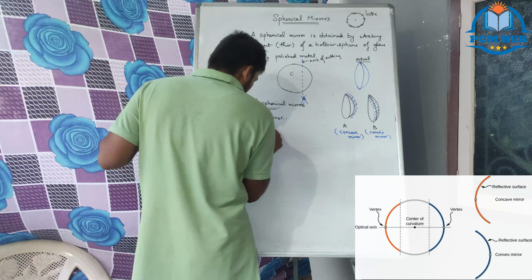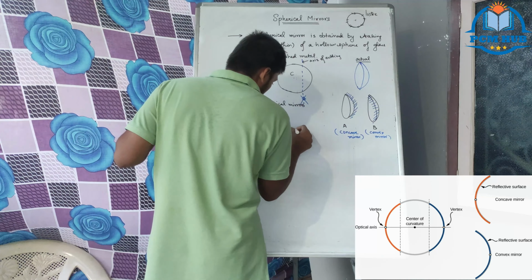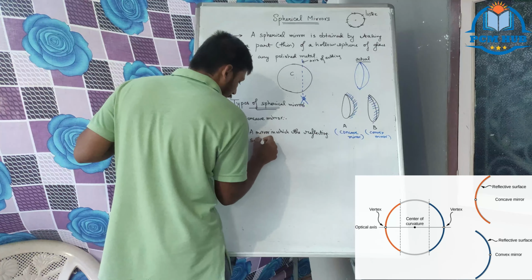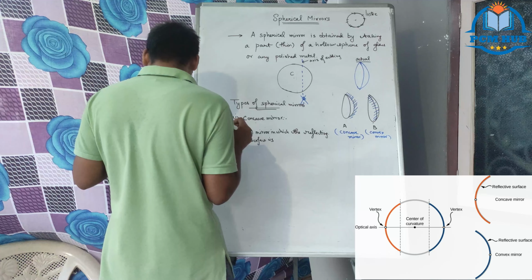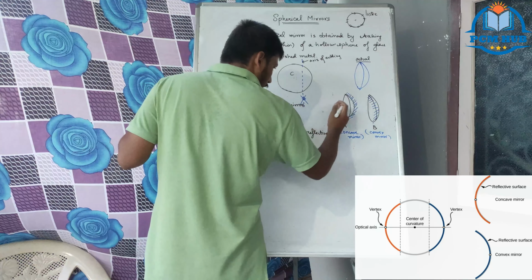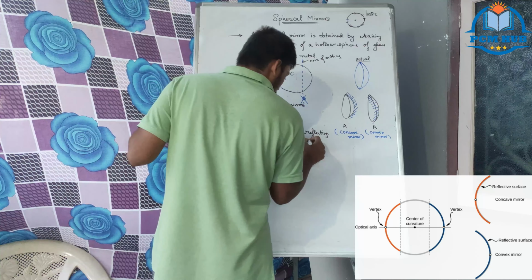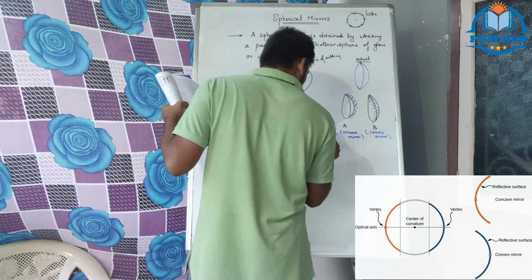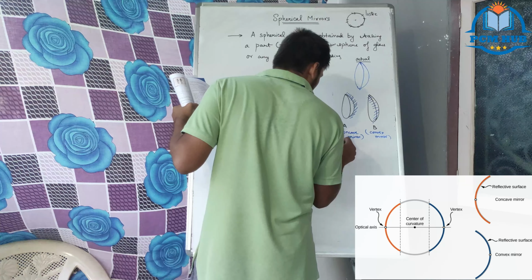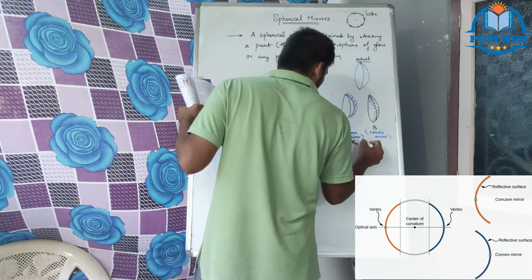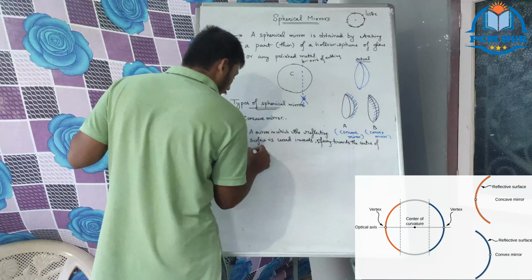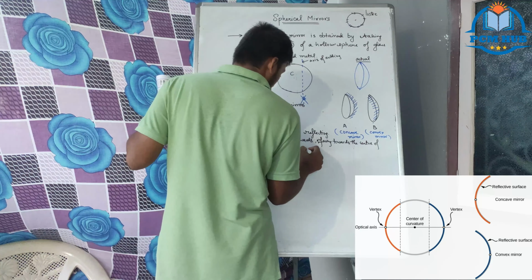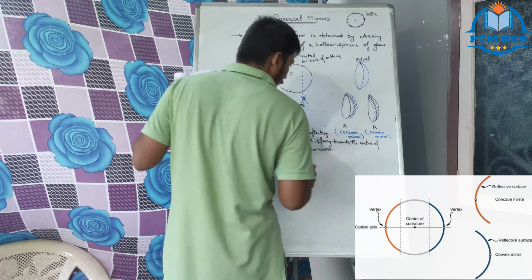A mirror in which the reflecting surface is curved inwards, that is, facing towards the center of the sphere, is called a concave mirror. Am I right?